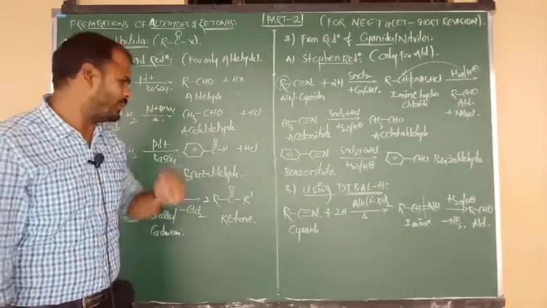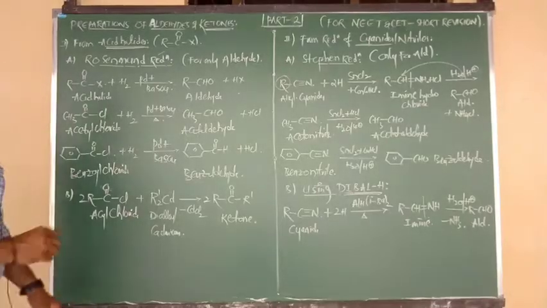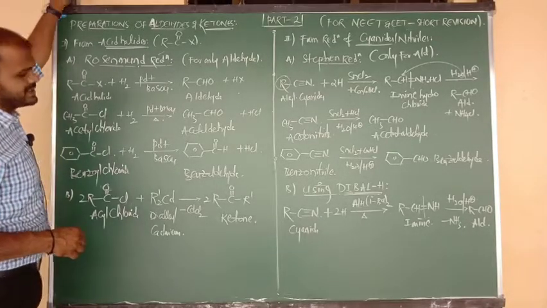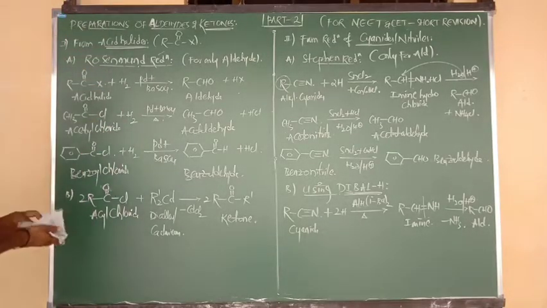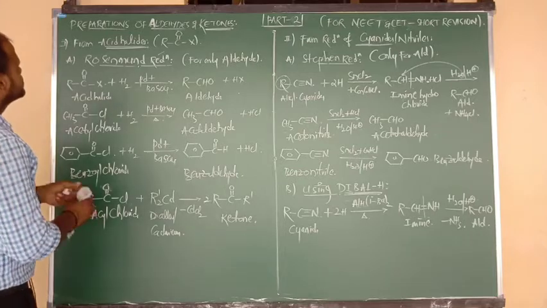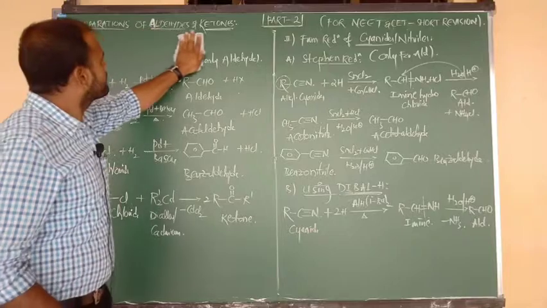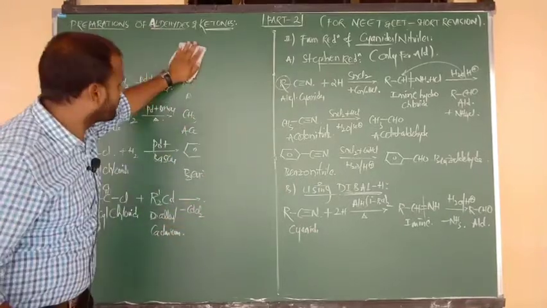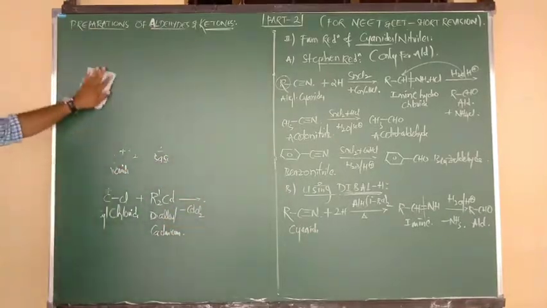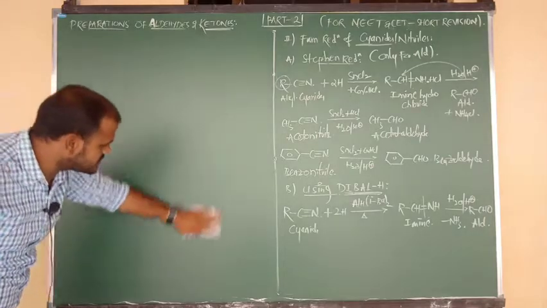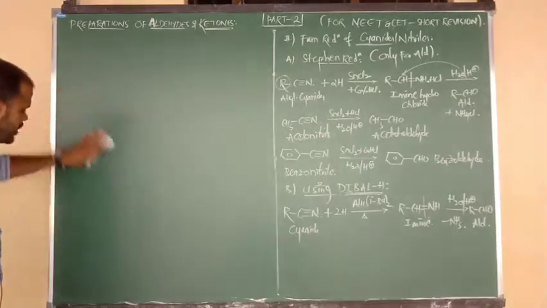Clear, beta? Good. Now, third method, that is nothing but from Grignard reagents. So how to prepare aldehydes and ketones by using Grignard reagents? Now I am going to show you better.